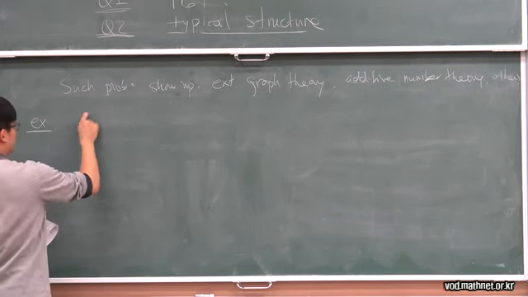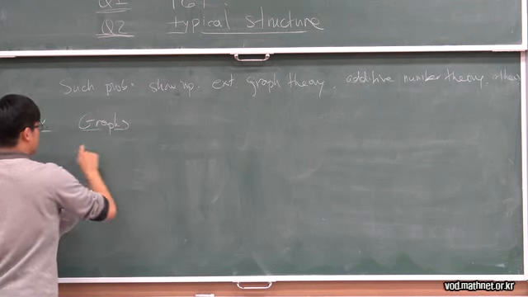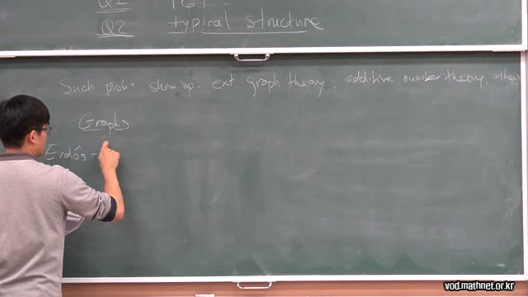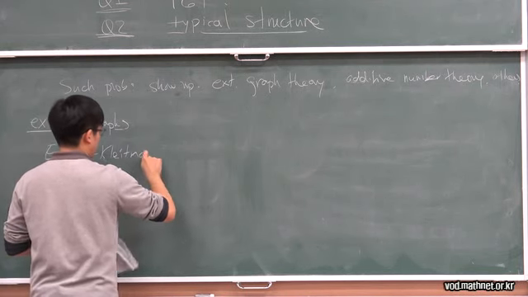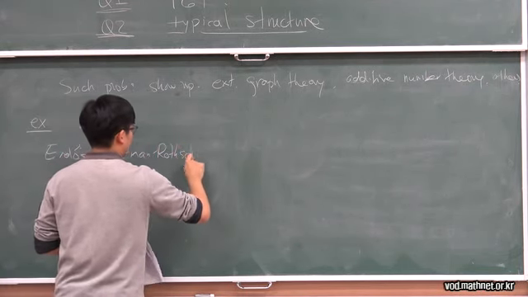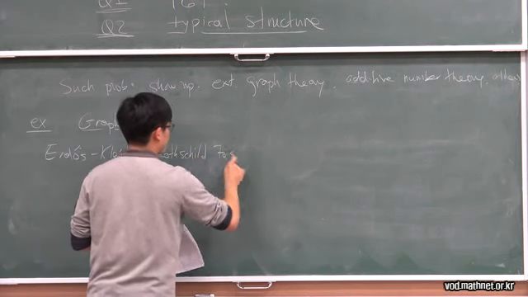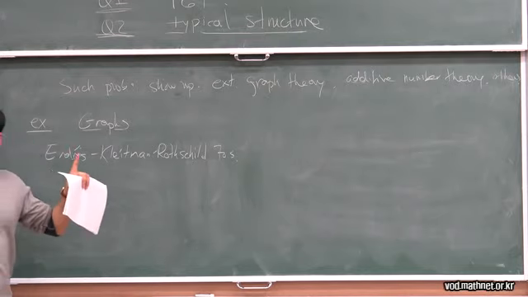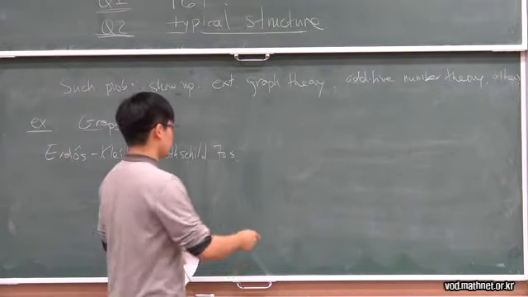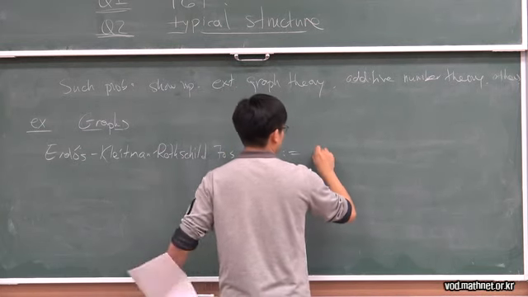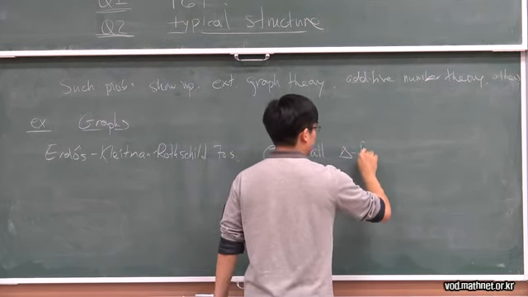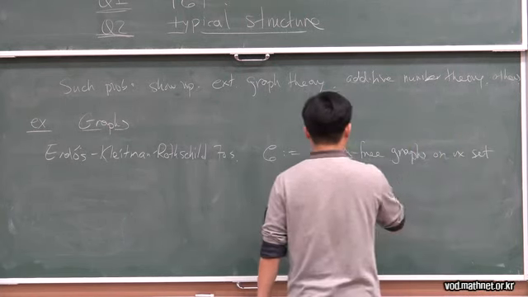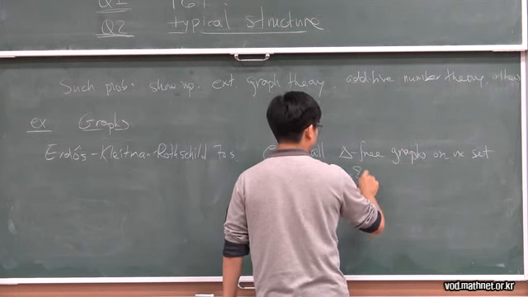Okay, so some examples. In graphs, Erdős, Kleitman, and Rothschild from the 70s considered the family C of triangle-free graphs on the fixed vertex set [n].